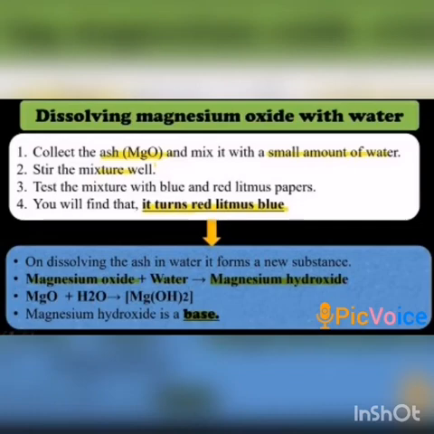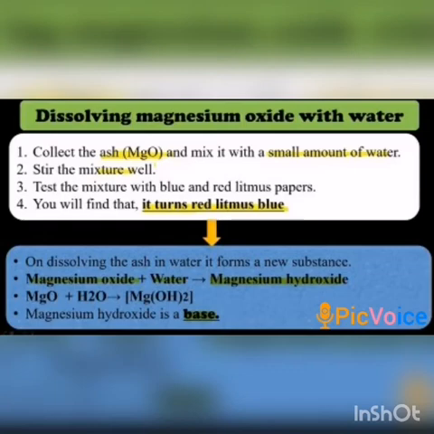For this reaction also, we have to write the chemical equation. For dissolving magnesium oxide with water, we have to write the equation. What's the equation, children? What we have taken? Magnesium oxide, MgO, and we mix water with the ash.